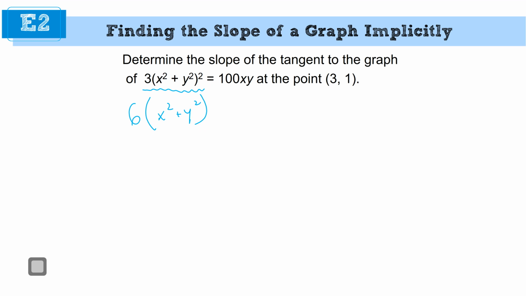What's the derivative of x squared plus y squared? 2x. 2y y prime. So 2x plus 2y y prime equals.